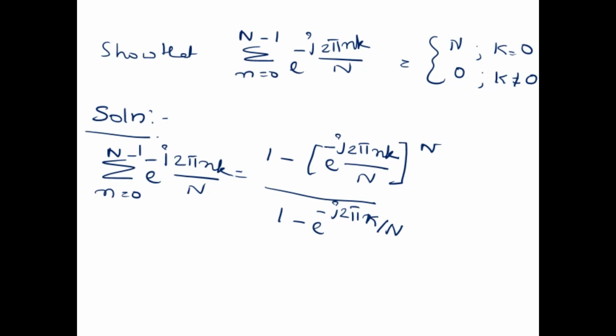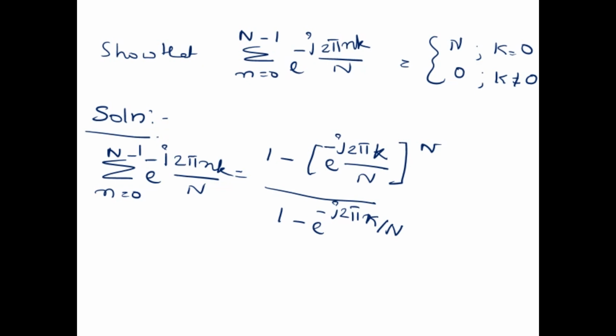This term is not there, so we are going to write it in terms of a to the power n. We are going to consider it as a to the power n.